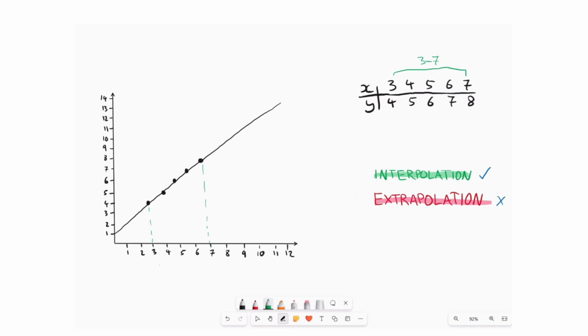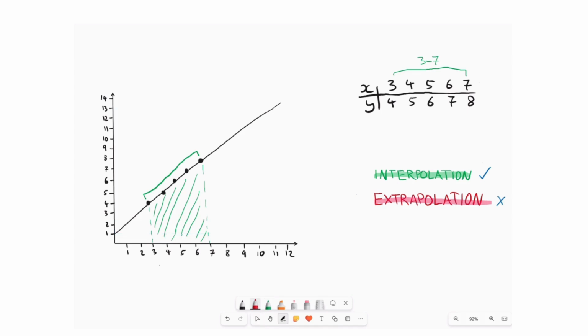Whatever is inside of our x range, we can call interpolation, which is reliable because we can confidently assume that any point, even if it was 4.5, even if it was 6.5, anything in that section, this line and this trend will continue as it is.